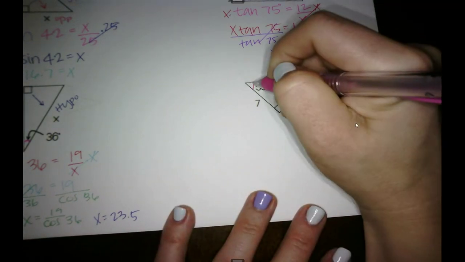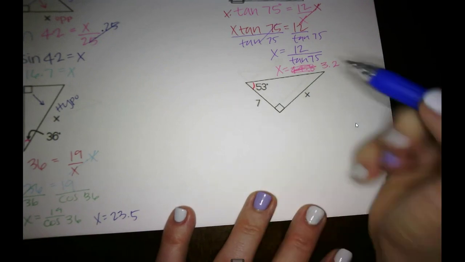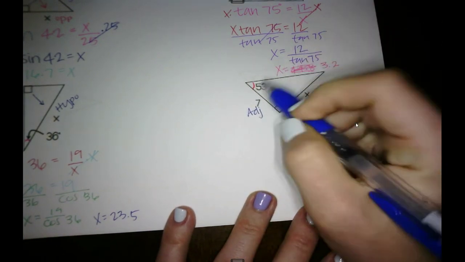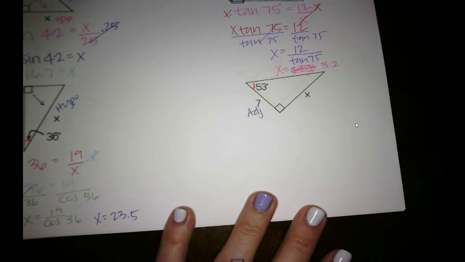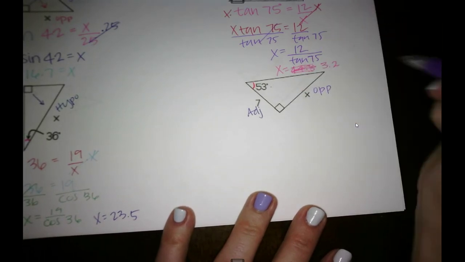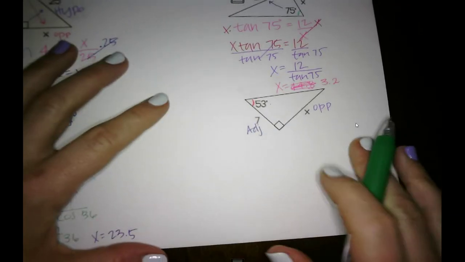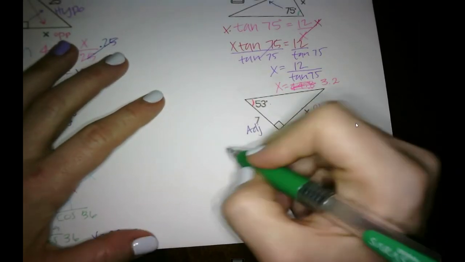Let's identify my angle. What side is given? This one is adjacent. It's next to that angle, but it's not the hypotenuse. So that means the side that is missing is opposite. What are we going to use? Adjacent and opposite is tangent.